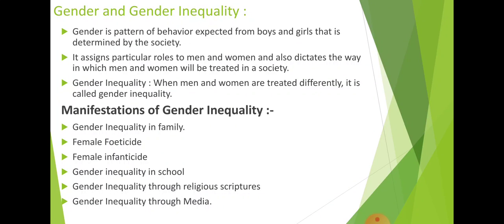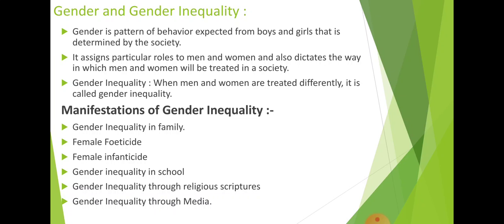So what is female infanticide? When the girl child is born, and within some time, within one month or whatever, within a limited time, the girl child gets killed by their own family. So what is the reason? The reason is that the family does not want the female or girl child in their family.